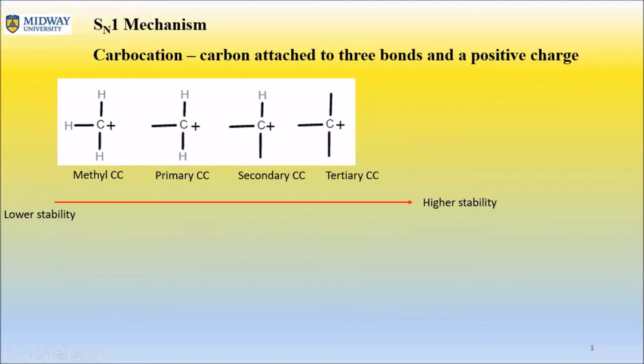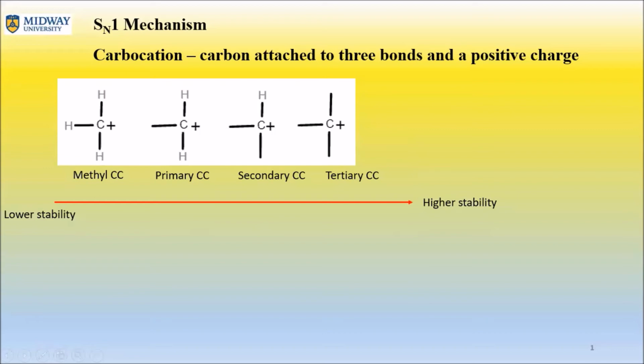Even though it seems like secondary and tertiary are right next to each other, there's a difference that's equivalent to day and night. So your tertiary carbocation is of higher stability compared to your methyl carbocation, which is why Sn1 reactions are almost exclusively dedicated to substrates containing tertiary carbons.